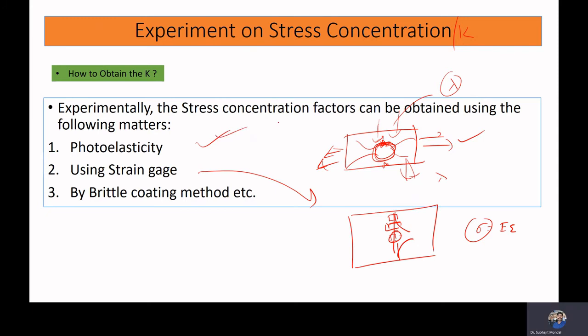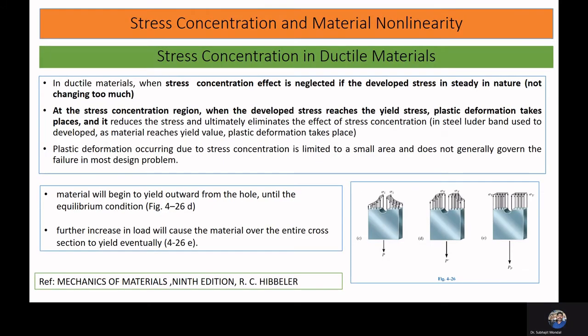So we have the photoelasticity test and strain gauges, from which we can find the stress concentration. Or in some brittle materials, we can use the brittle coating method. So these are the ways through which we can find the stress concentration factor experimentally.